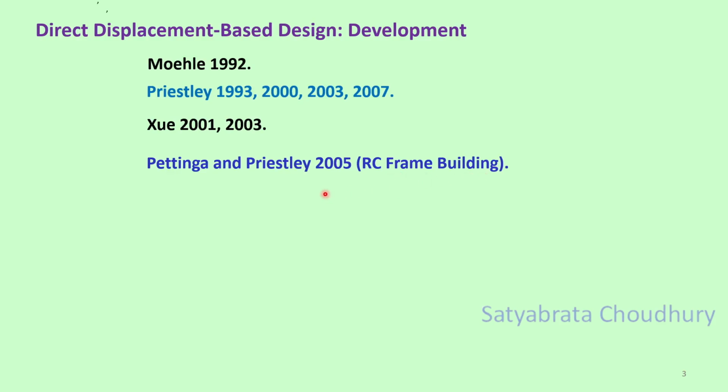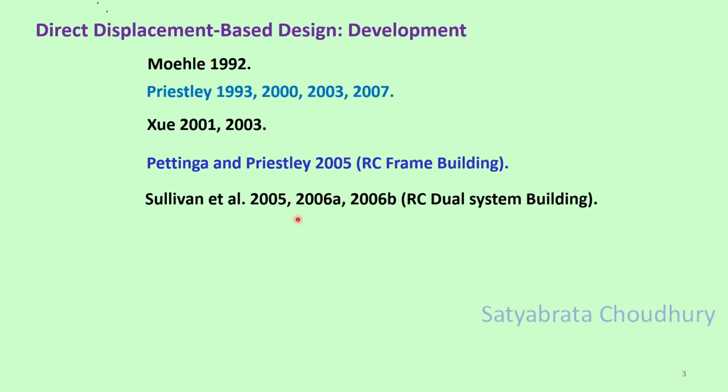This we shall be discussing in our coming video. Then Sullivan et al. in 2005-2006, in two papers, gave the DDBD method for RC dual systems or frame shear wall buildings. Sullivan and Lago in 2012 gave the DDBD method for RC frame buildings with fluid viscous dampers.